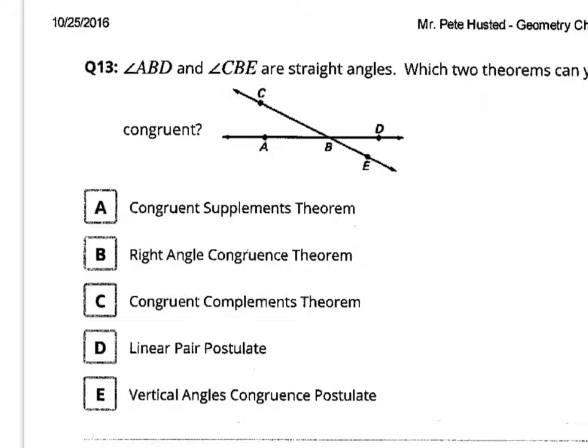But okay, let's first label this first part that they gave us up here. ABD, that is this straight line right there. And CBE, they're just saying, yeah, they're straight angles. Straight angle is just a line. Okay. So that's what they gave us.